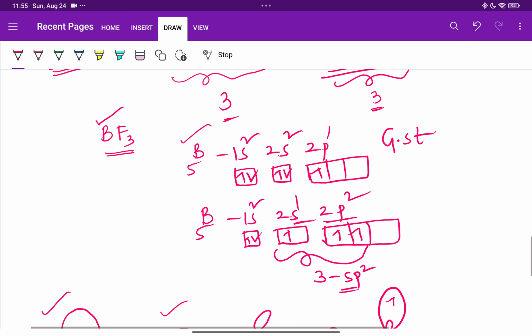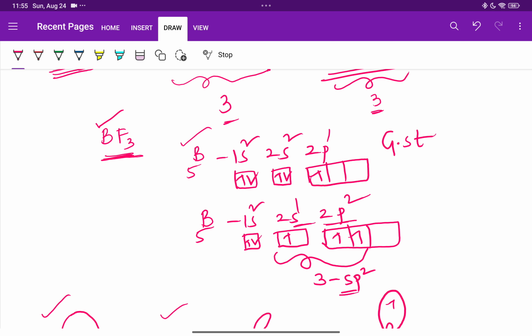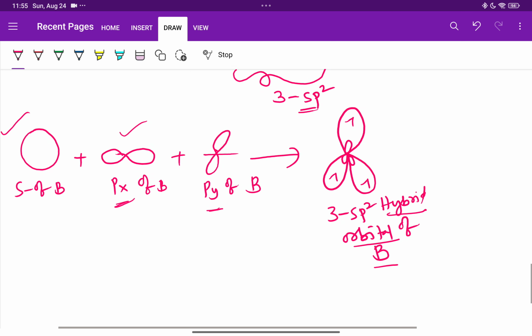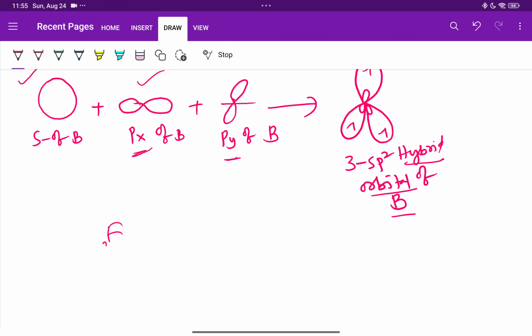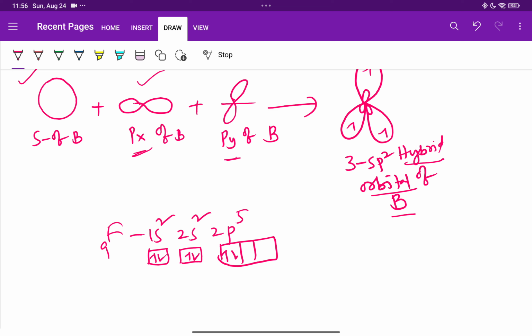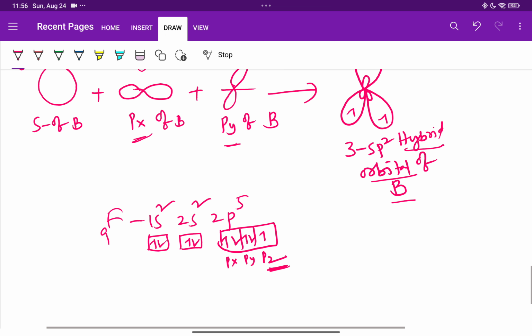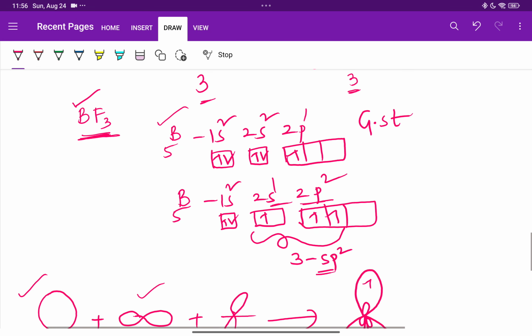So what are the adjacent atoms in the boron trifluoride? Fluorine. So if you write the fluorine atomic number 9 and electron configuration, it is this, p5. Again px, py, pz. So in the fluorine, pz orbital is having an unpaired electron. But in the BF3, how many fluorines are there? 3.